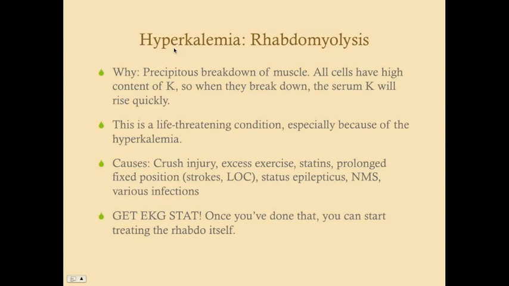Because your blood potassium is going to rise so fast in rhabdomyolysis, you're at a very, very big risk to go into asystole. So you definitely need to get an EKG on these patients as soon as you think that a patient has, if they have a high potassium and they have any of these risk factors for rhabdomyolysis, get your EKG right away.